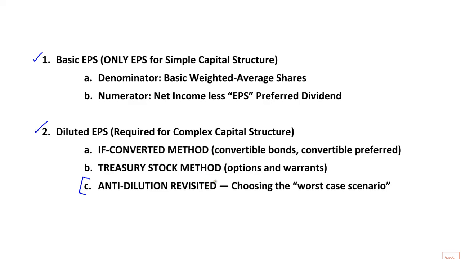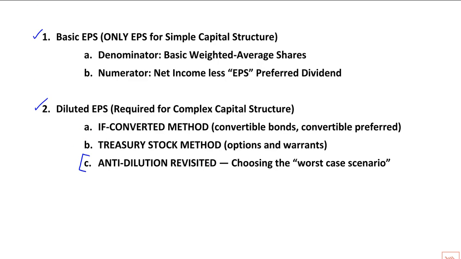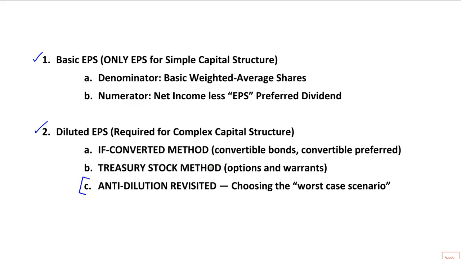This is to emphasize how diluted EPS is a worst case scenario. The idea is basic EPS is what really happened. Diluted EPS is what could have happened if everything absolutely went wrong with conversions or exercises. And by wrong, I mean against the interest of the existing shareholders.